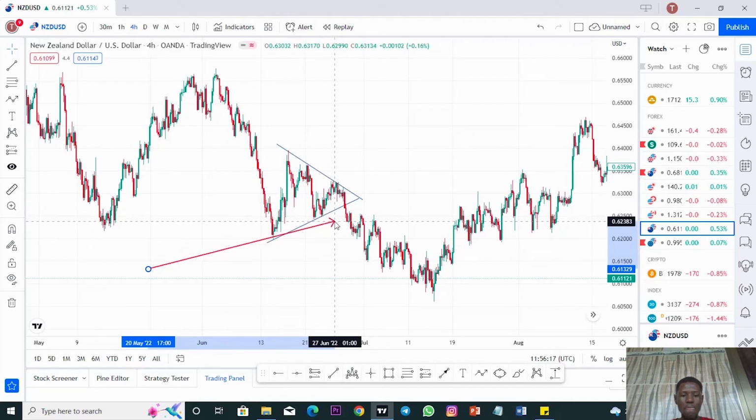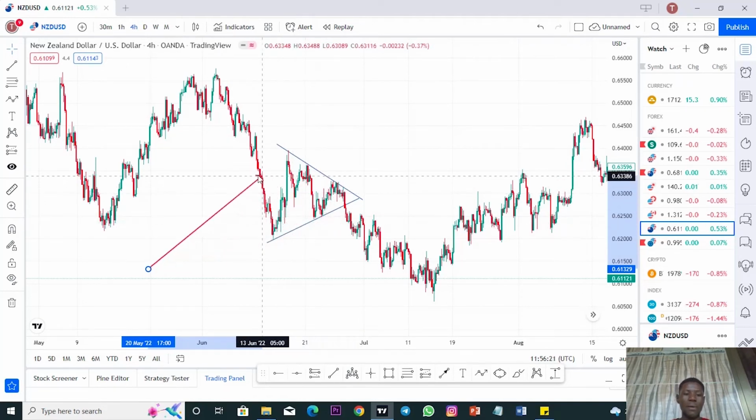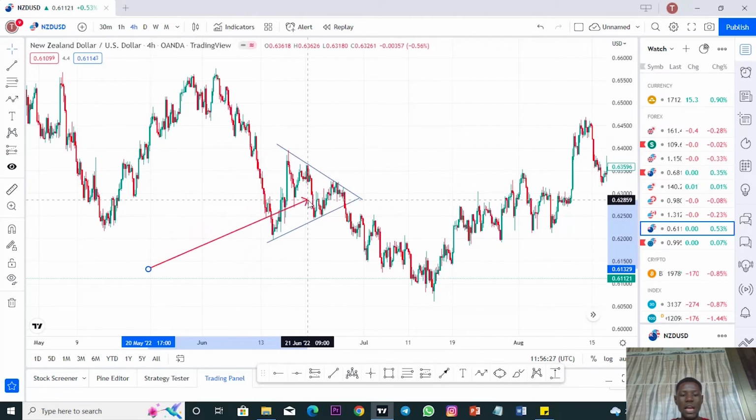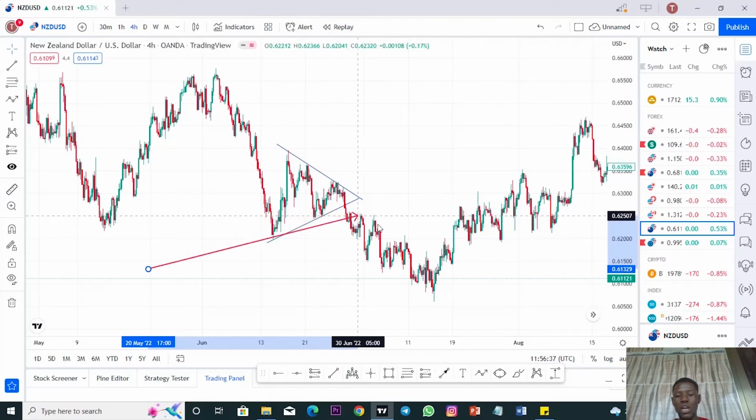Now, we will anticipate that because price is pushing from the upside and consolidating at this level, creating this continuation pattern, which is the symmetrical triangle pattern, we will just look for a continuation of the market, not a reversal of the market.